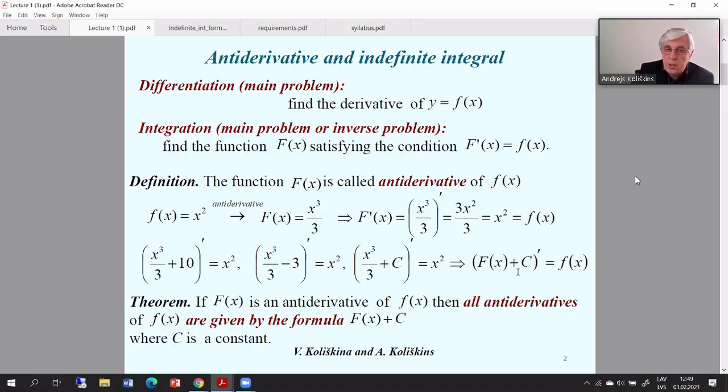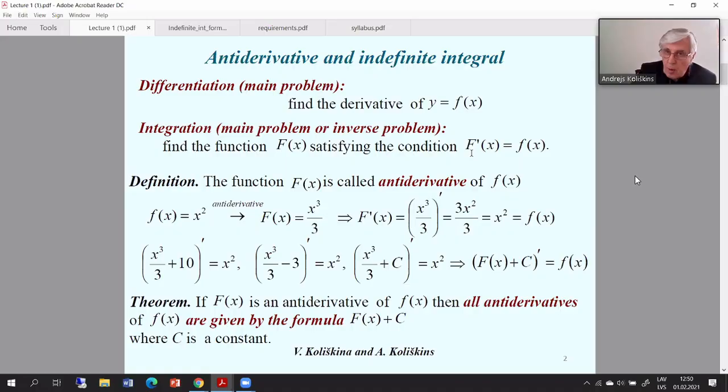And therefore, we use this term, antiderivative of f. This is a capital F, for example. This is a problem that we need to solve. Once again, small f is known. How do you find capital F? How do you find the function whose derivative is equal to small f? Okay. And this function is called the antiderivative of f.